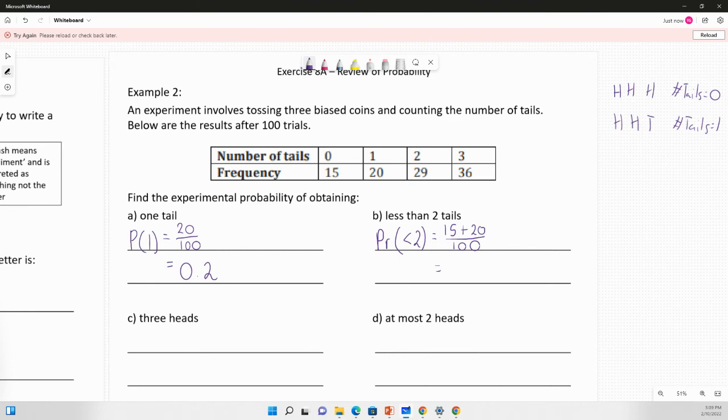So then you get 35 out of 100. Again, you could simplify this as a fraction, but because it's out of 100, it works really nicely as a decimal. So I'm going to write this as 0.35.